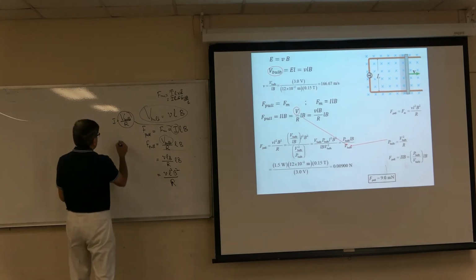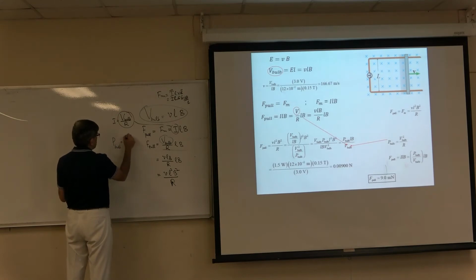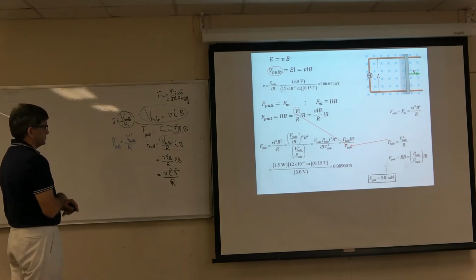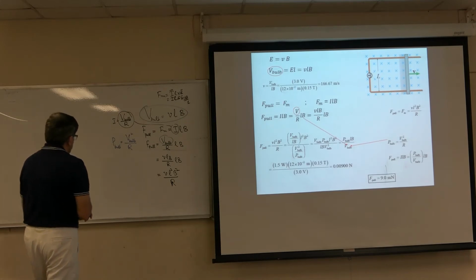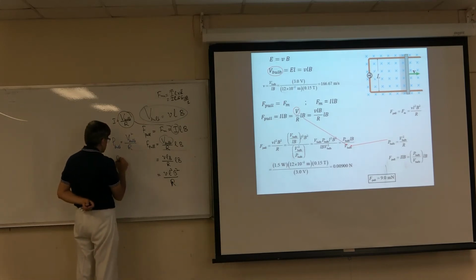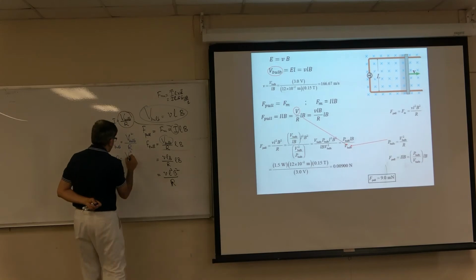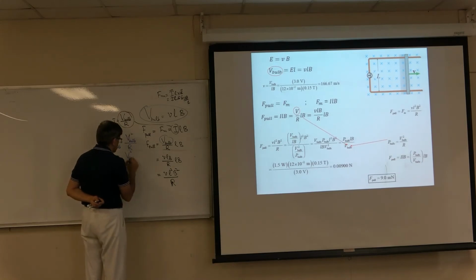Here we use the power of the bulb is equal to V, the potential difference across the bulb, square over R. So I can use that and replace R with this. R is equal to V square of the bulb divided by the power dissipated across the bulb.